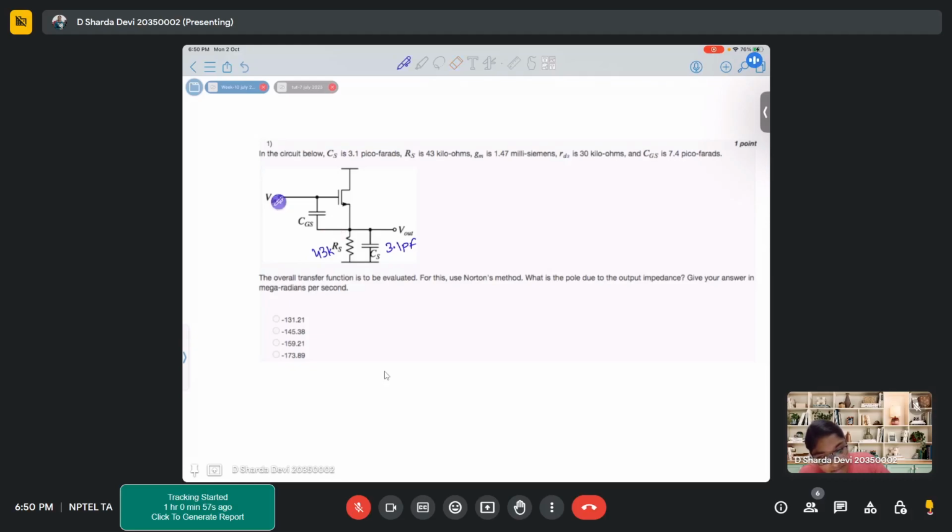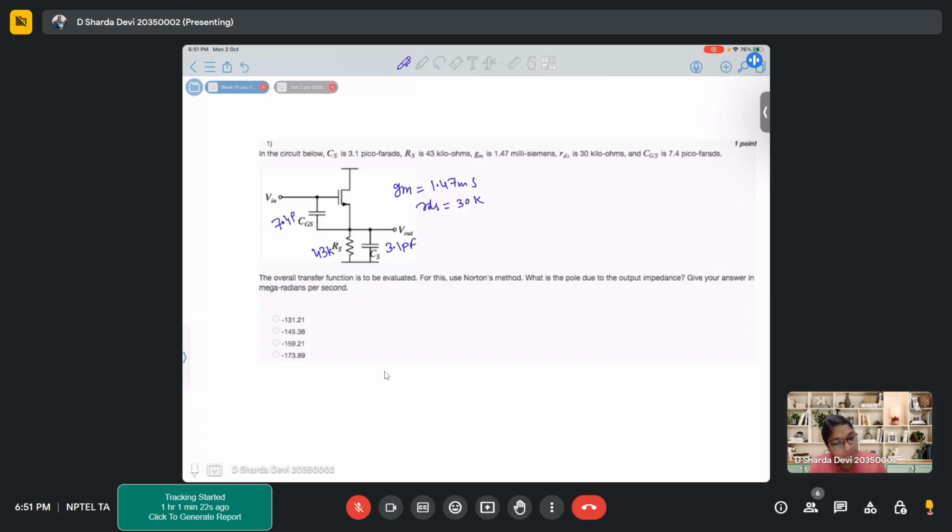Your GM is given, GM is 1.47 millisiemens. RDS is given as 30K. CGS is 7.4 picofarad. With this much information, it is asked that the overall transfer function be evaluated for the given circuit, and for this, use Norton's method.